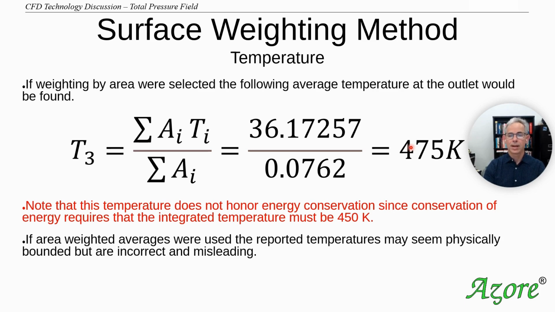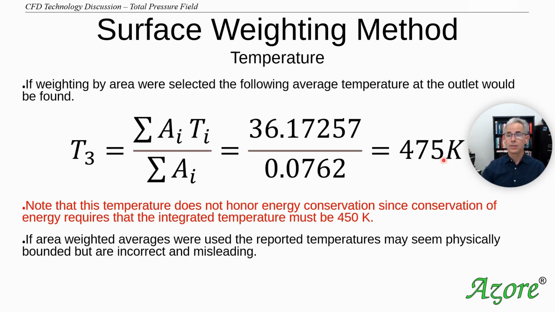With the area weighted average, these values might seem physically realistic. It is certainly between the 300 and the 600 number, but it could be misleading. If you were simply using a CFD tool with an area weighted average, and you didn't know what the expectations were, and you were shooting for a temperature of 450 degrees in some design work, you might be tempted to say, my CFD tool is telling me that I need to change the temperature on my inlet or the outlet and adjust it to get my 450 degree temperature.